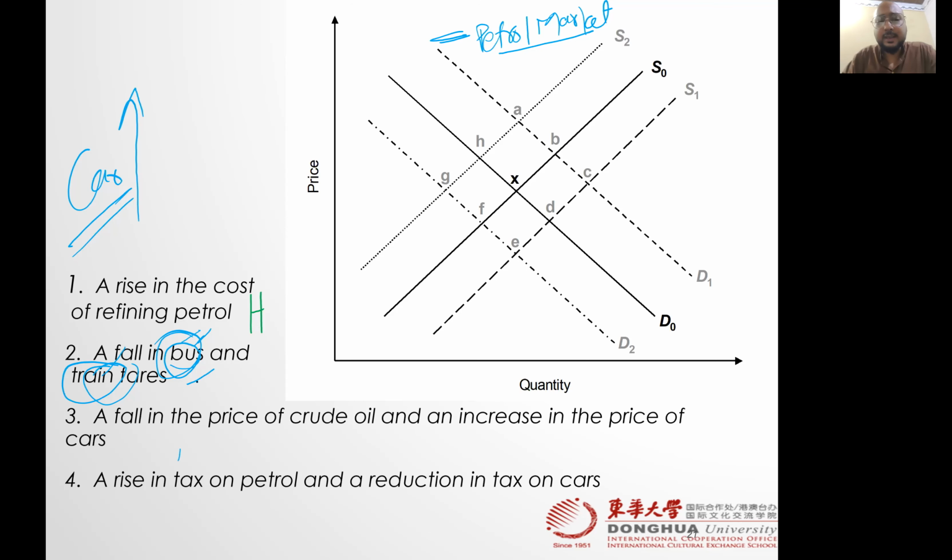Does this question say that there is a decrease in the price of petrol? No. Only bus fares have decreased. People will consume more, shift to the right.